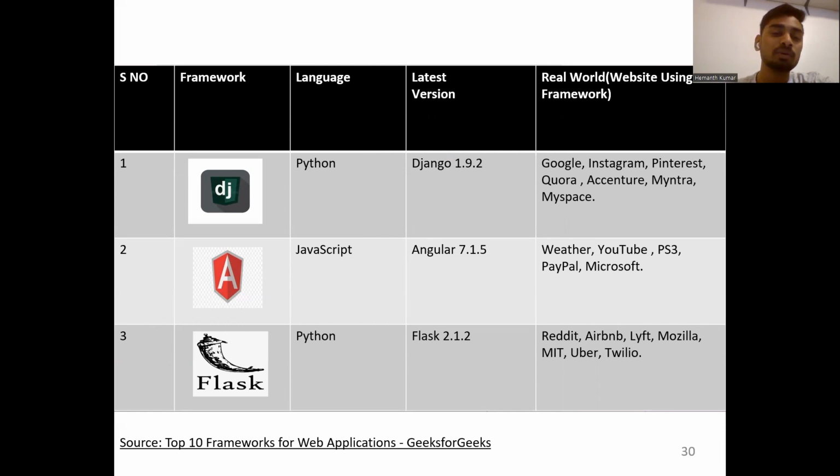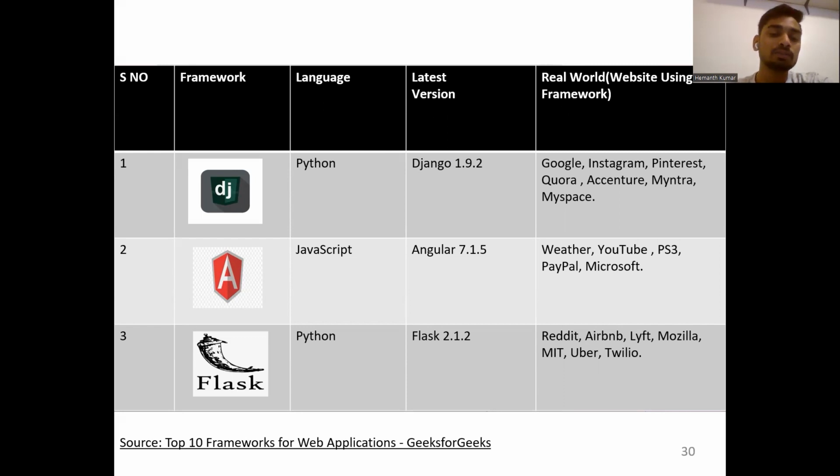And the second framework is Angular, and this was written in JavaScript. And today we are using Angular 7.1.5. And some of the real world examples are YouTube, Weather, PS3, PayPal, and Microsoft.